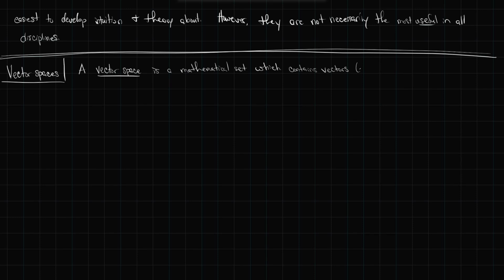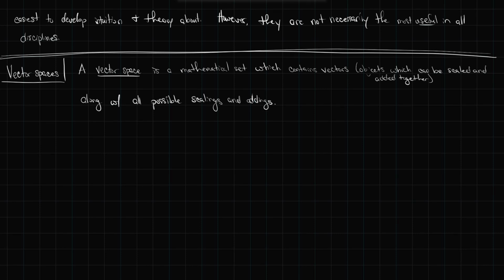They're these objects which can be scaled and added together, along with all possible scalings and addings. This is where set builder notation actually comes in handy a lot, because what in the world does this mean? It's a space which has vectors in it and all possible scalings and addings. It's kind of confusing. So let's go ahead and use set builder notation.